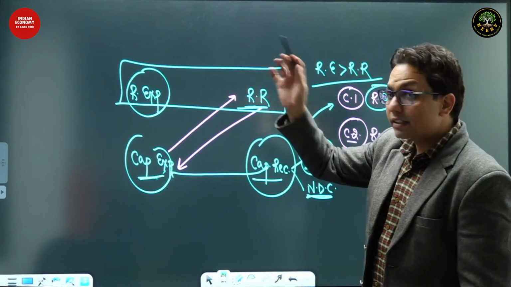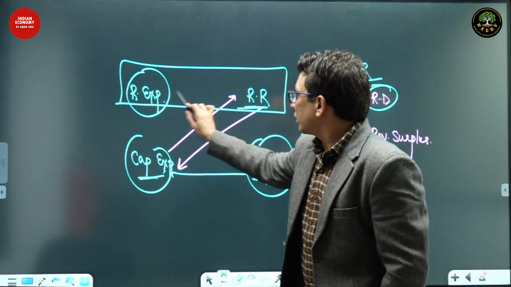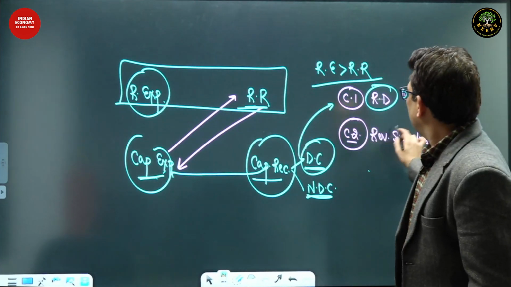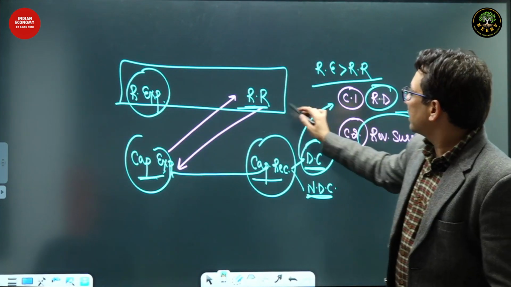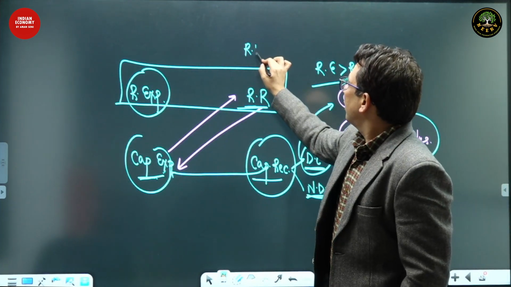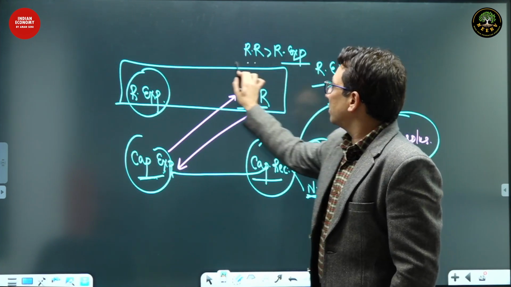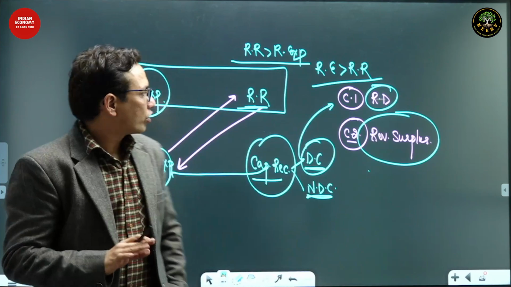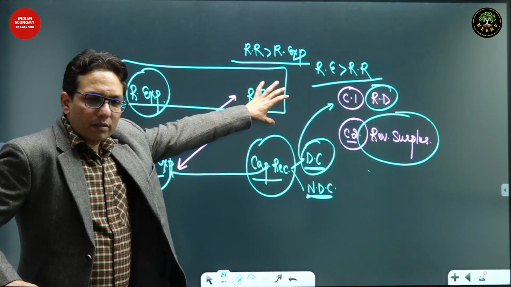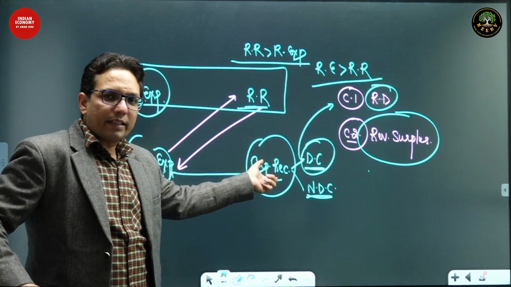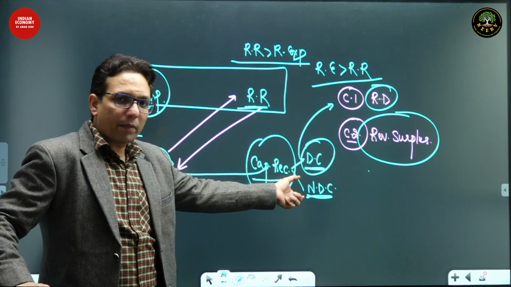Now, let's see another case. The revenue expenditure is less than revenue receipts, that is, revenue receipts are more than revenue expenditure. If this happens, this is called revenue surplus. If we have revenue surplus, then this account is in surplus. Then we have complete capital receipts, debt creating, non-debt creating capital receipts.